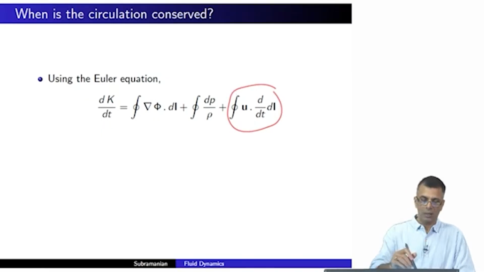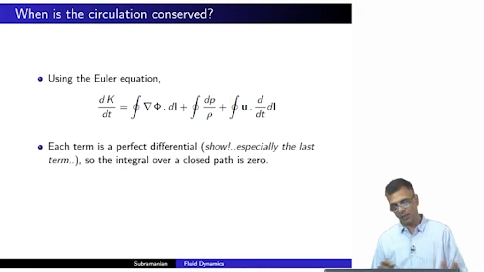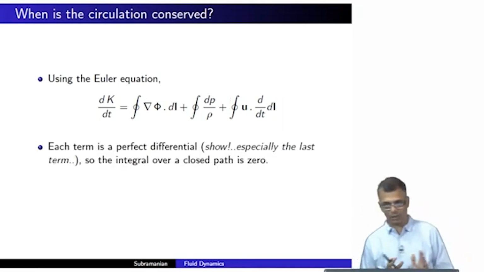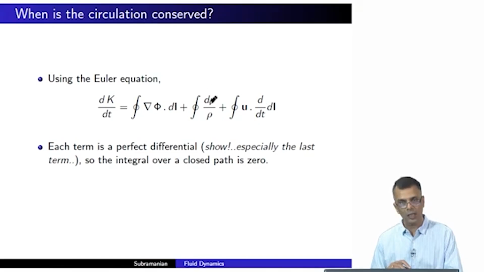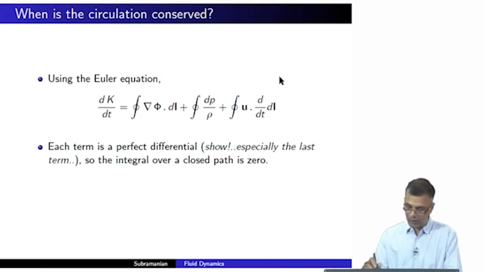So as such, there's no mystery. It's just a simple rearrangement of terms, and the important thing here is that each term is a perfect differential. You see there's a gradient of phi, and it's dotted with dl, so that becomes a perfect differential. This is already a perfect differential by definition, and I claim that this term is also a perfect differential.